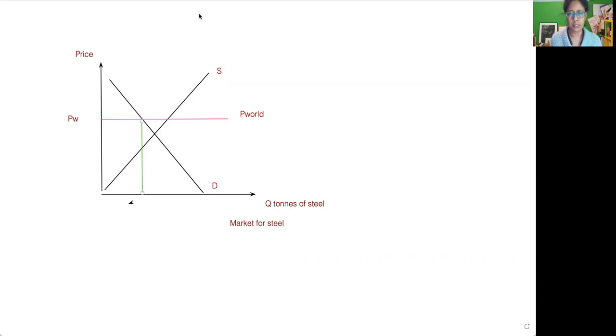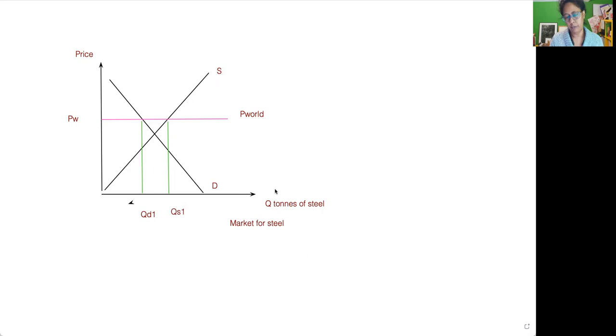That's going to be my quantity demanded, and that's going to be my starting point. I'm going to drop down from the intersection of P world, that horizontal line representing the assumption of competitive international markets, and hit the supply curve. That's going to be my QS1.